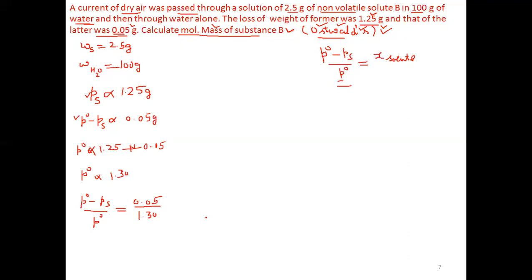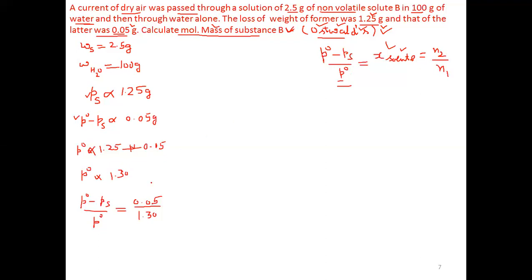Now we have to calculate the molecular mass of solute. So we will apply this formula: P naught minus Ps by P naught is equal to mole fraction of solute. Again we will assume that the solution is dilute, because we have just dissolved 2.5 gram in 100 gram of water. So we can write it is equal to number of moles of solute divided by number of moles of solvent.